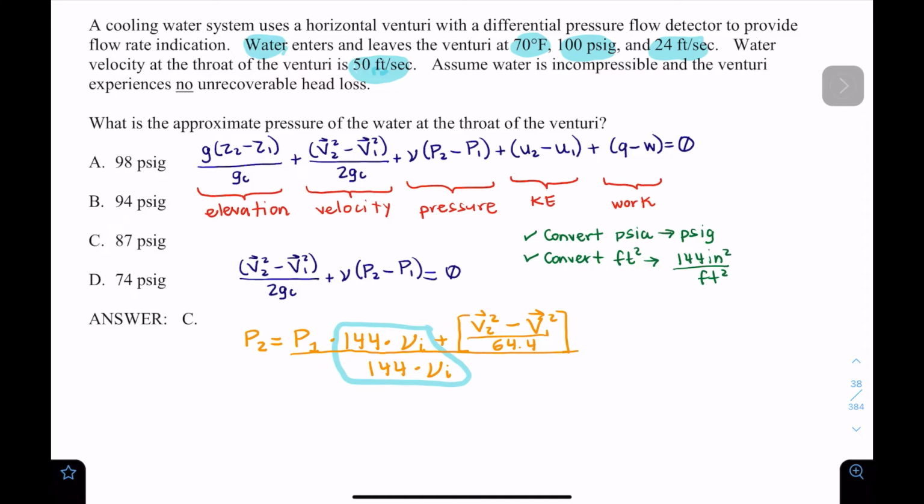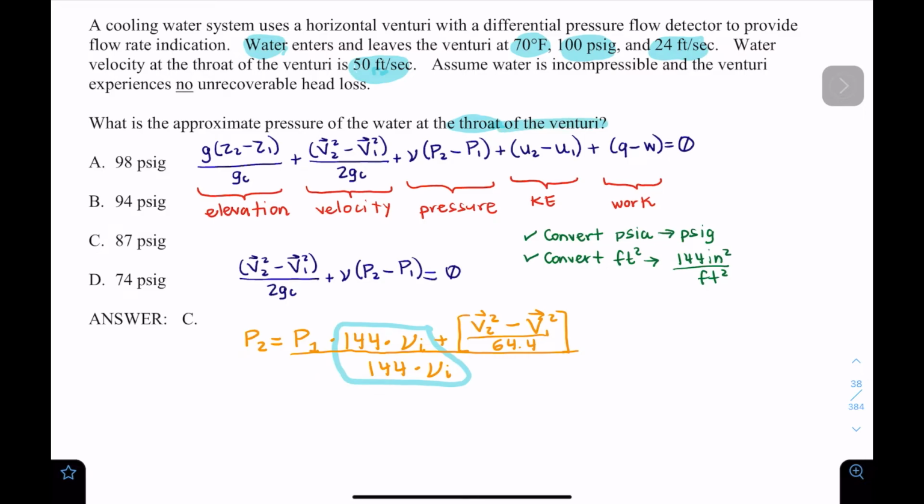Assume that the water is incompressible and the Venturi experiences no recoverable head loss. What do we need to do? We need to calculate the approximate pressure of the water at the throat of the Venturi.